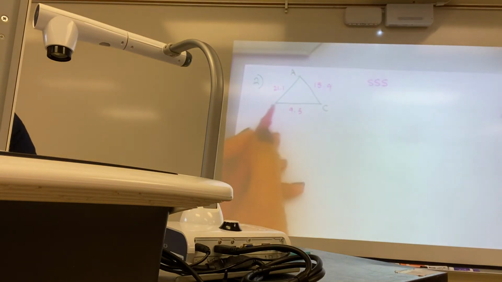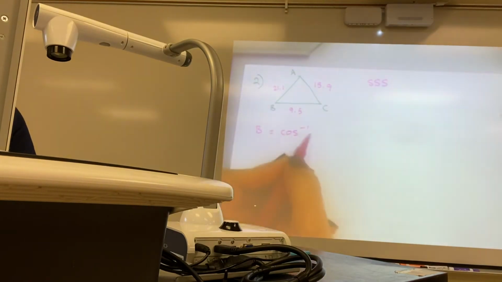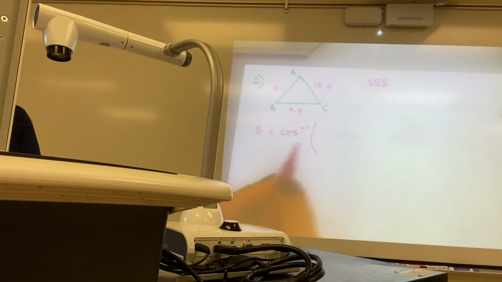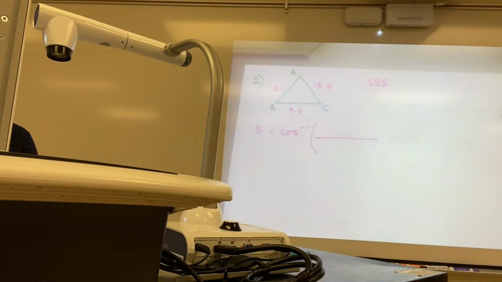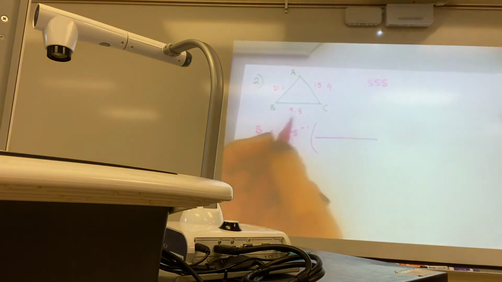Let's find angle B. So say B equals cosine inverse of this. Remember the formula for B? We said it's B squared. I'll plug in the numbers right away.